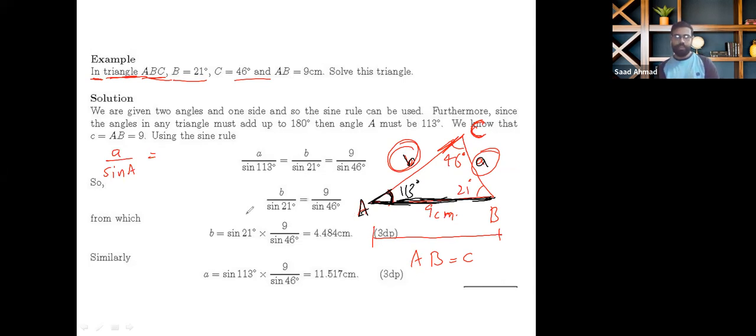We know the side C, so I will use C over sine C, because if I want to use this formula, I should know 3 things out of 4.